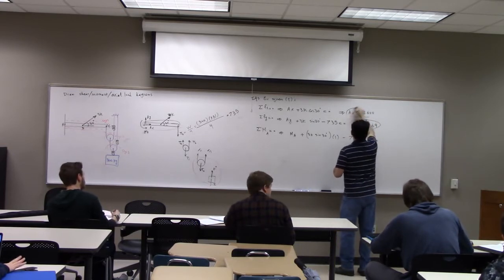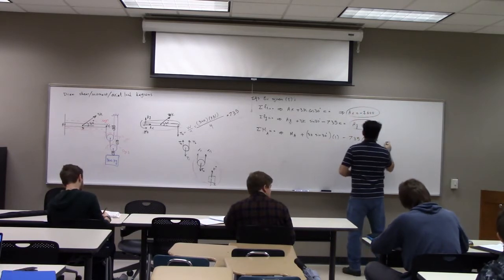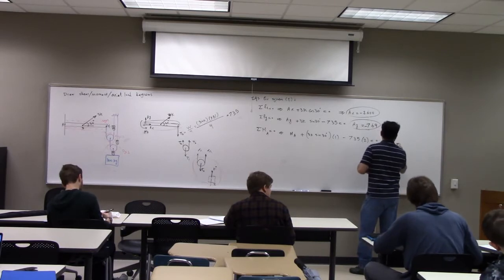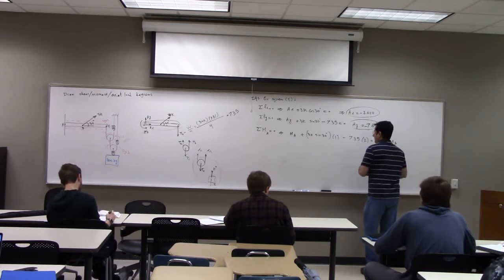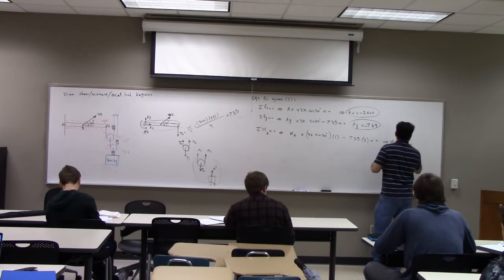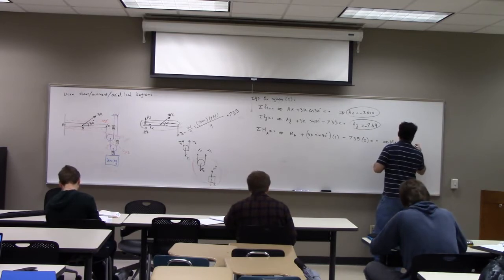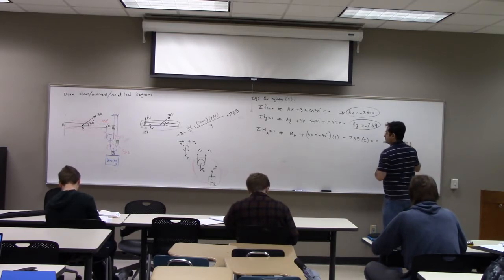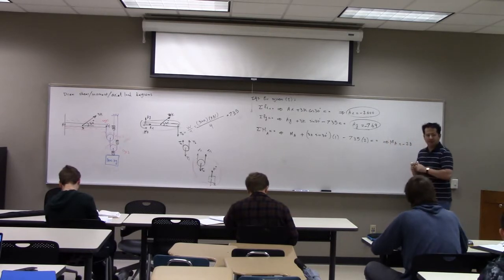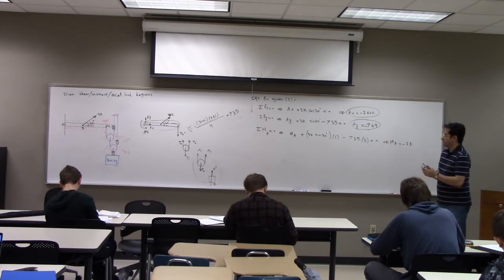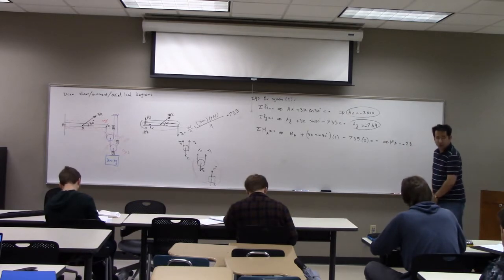And then solve for MA. MA is equal to negative 28.5. You sure? About negative 3, oh, that's k. Close, 2.8k.